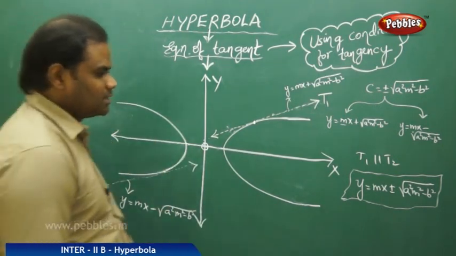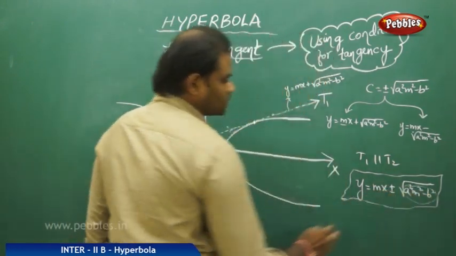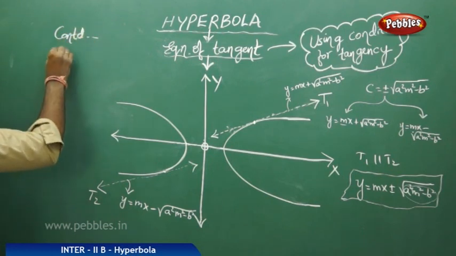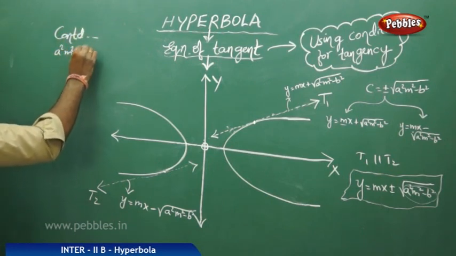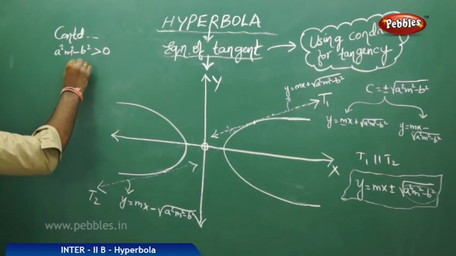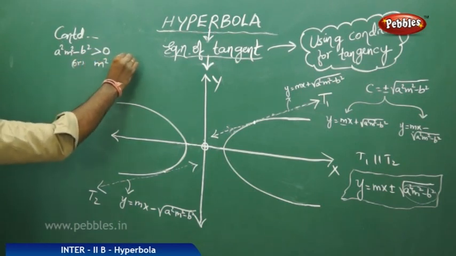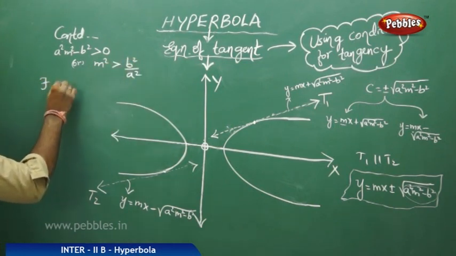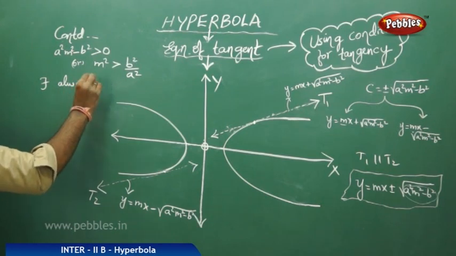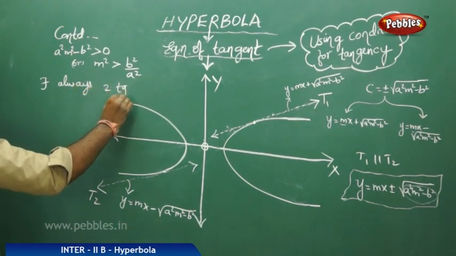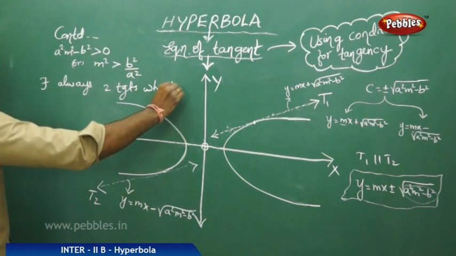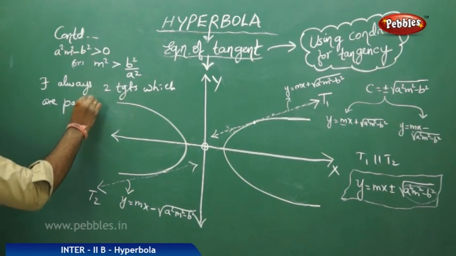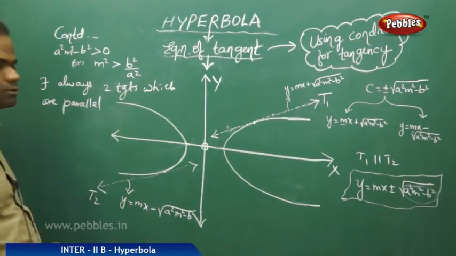Also, as we see that there's something inside the root, continuing, I get a square m square minus b square greater than 0, or m square greater than b square by a square, and there always exist two tangents which are parallel to each other.